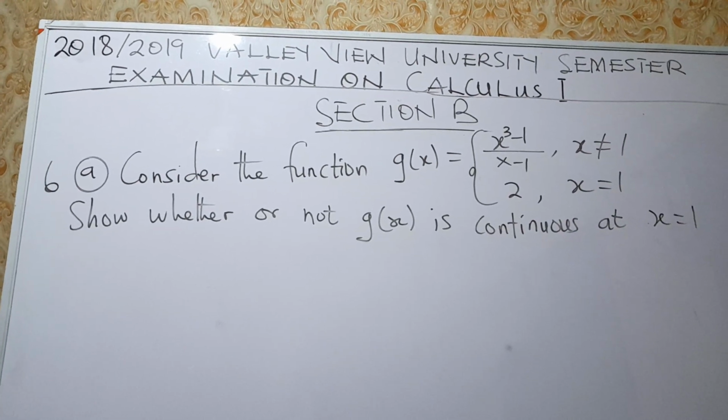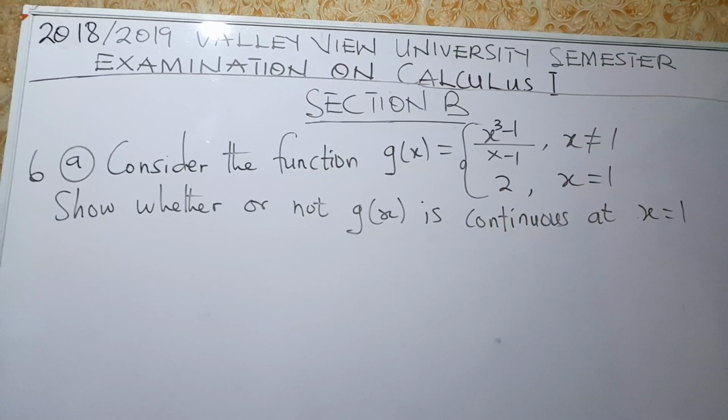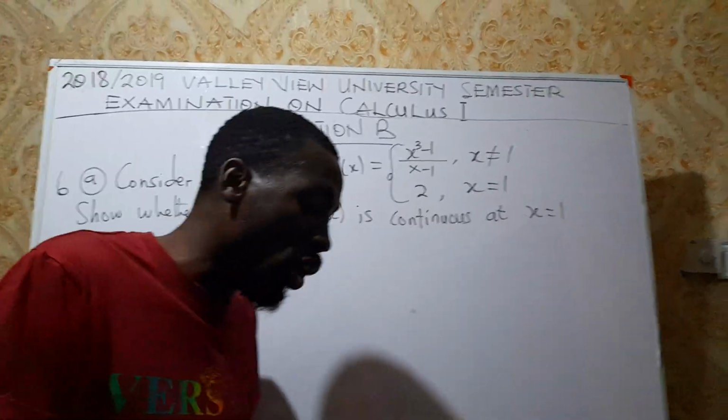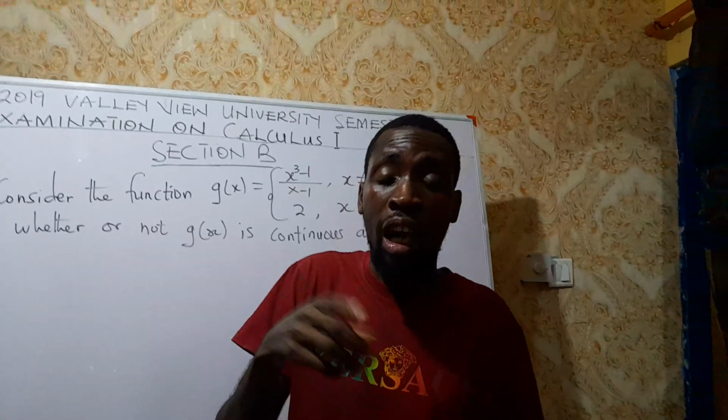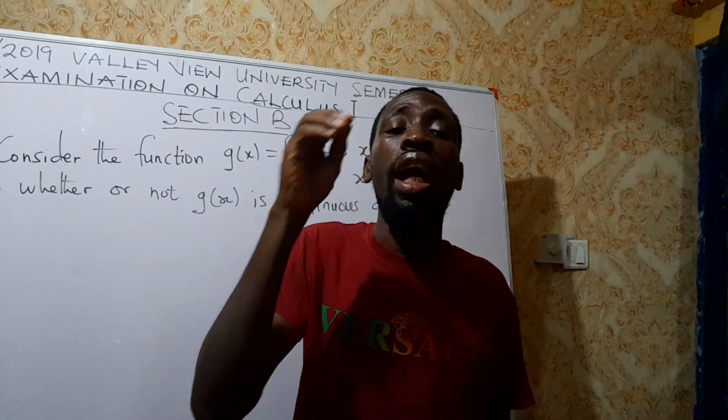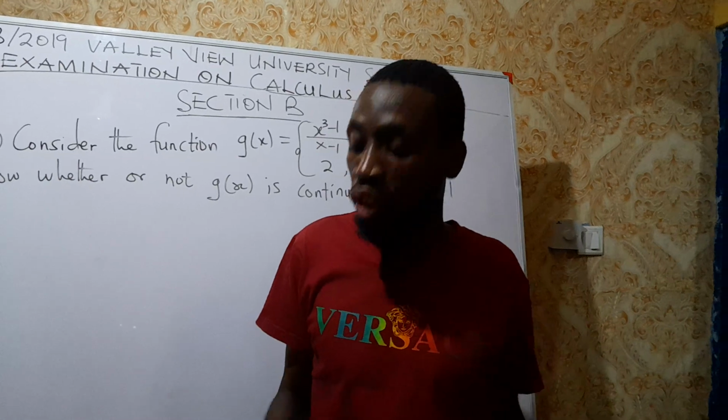A function is said to be continuous at a particular point if the value of the function at that point is equal to the limit of the function as x approaches that point. So what is the meaning?